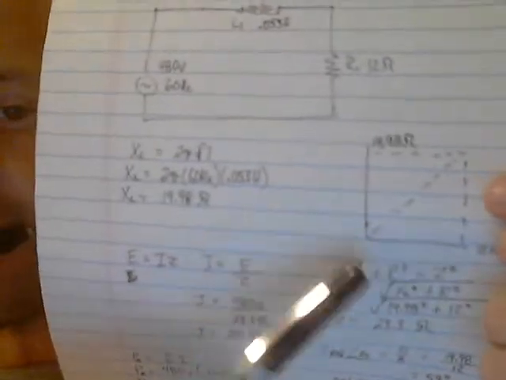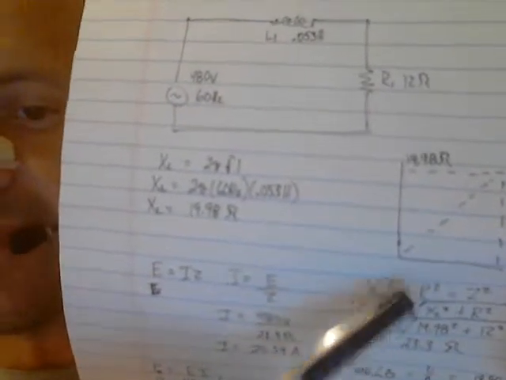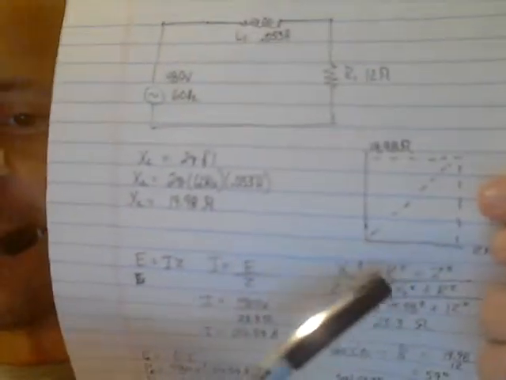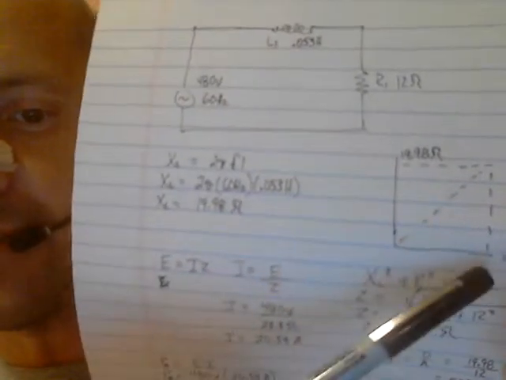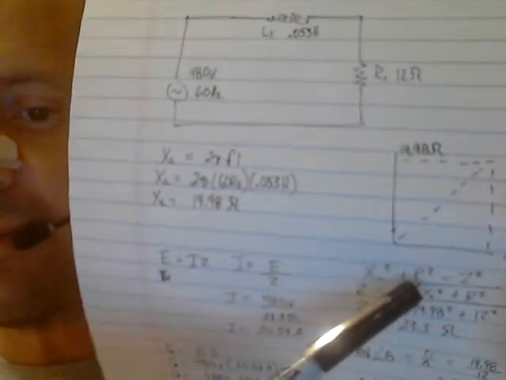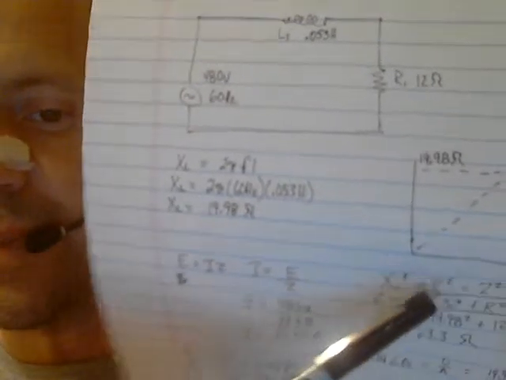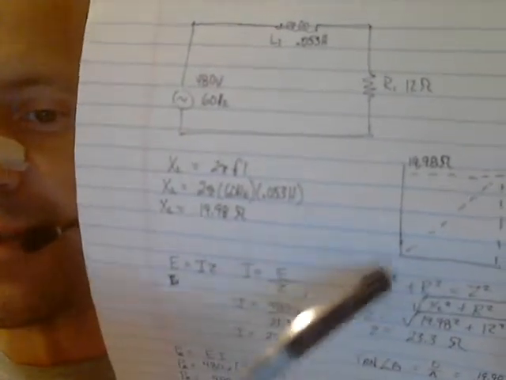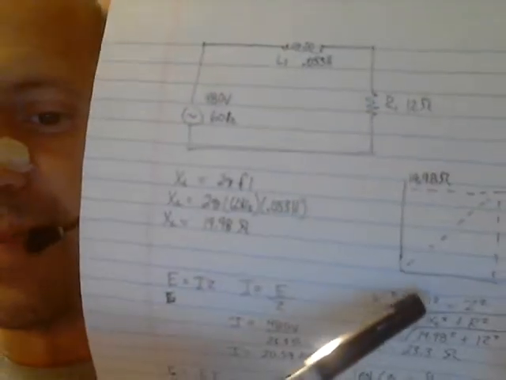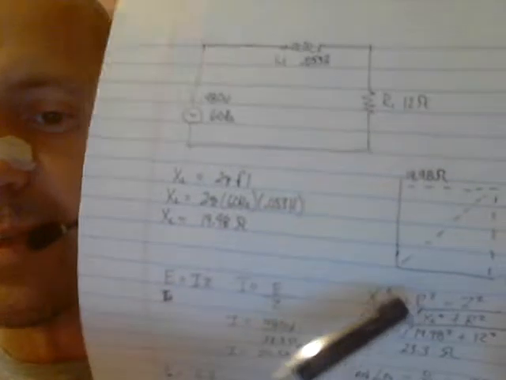Since this is a right triangle, we can use Pythagorean's theorem, and we can take our R value, this 12 ohms squared, plus the inductive reactance value squared, which is this 19.98 ohms, and that's going to give us our total impedance.